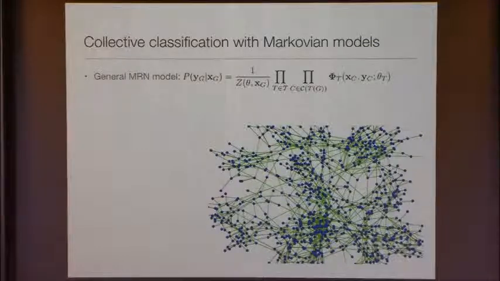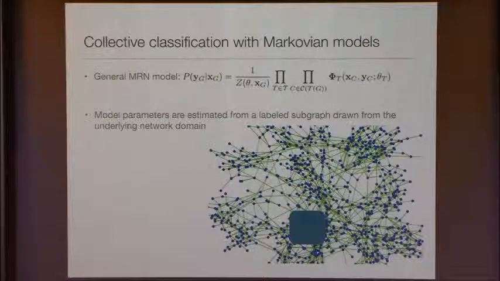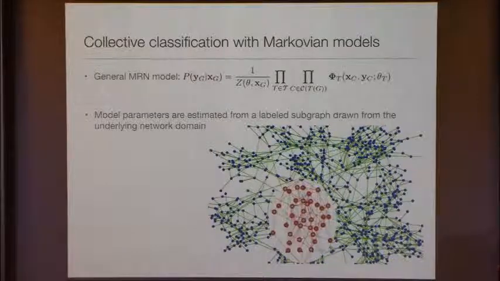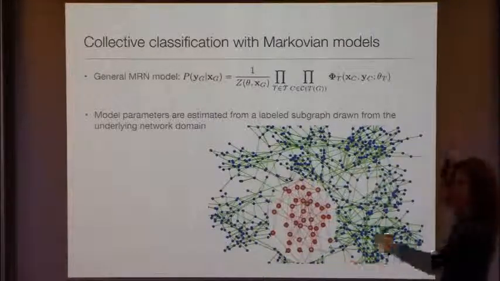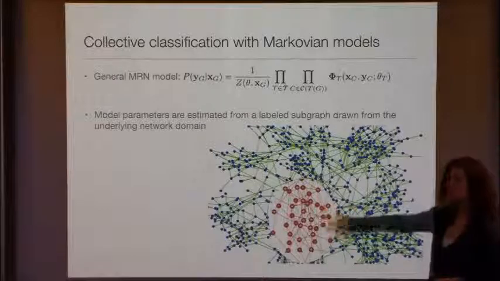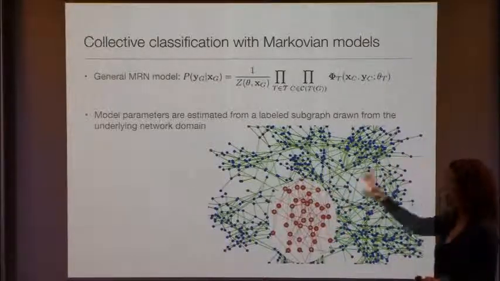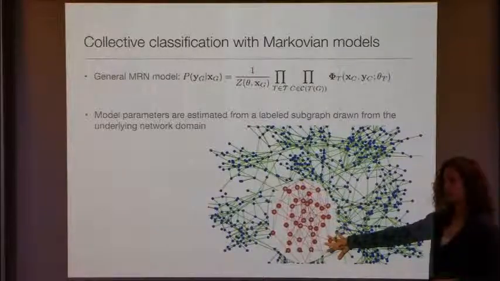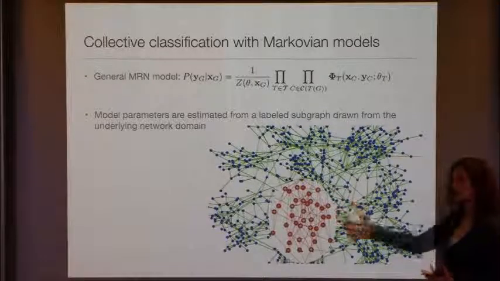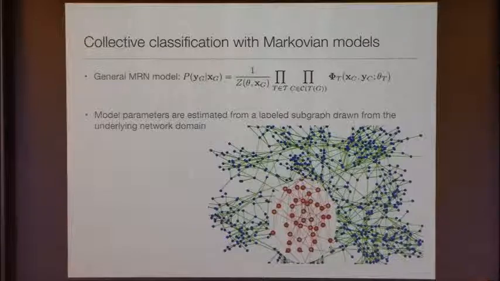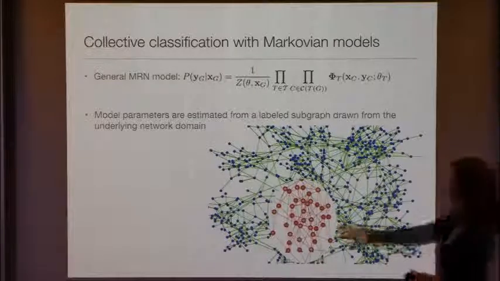Okay, so how we generally apply these models is that if we have some big, large Facebook network, we would take some small subgraph sampled from that larger network where that graph is fully labeled. So we see all the class labels that we're interested in. We estimate the parameters of the model from this fully labeled subgraph.